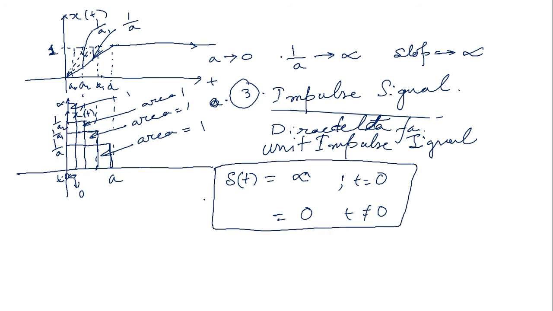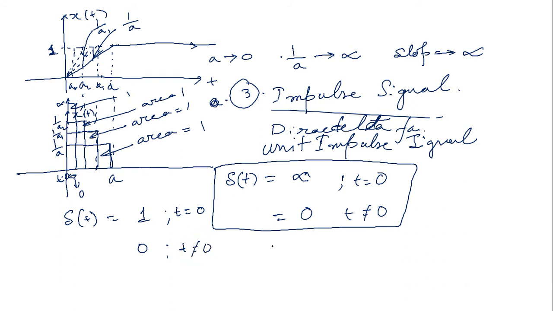But the thing is that impulse is not expressed by the value, as the ramp and step are expressed by the value. Impulse is expressed by the area. So delta t is expressed as 1 for t equals 0 and 0 for t not equal to 0.